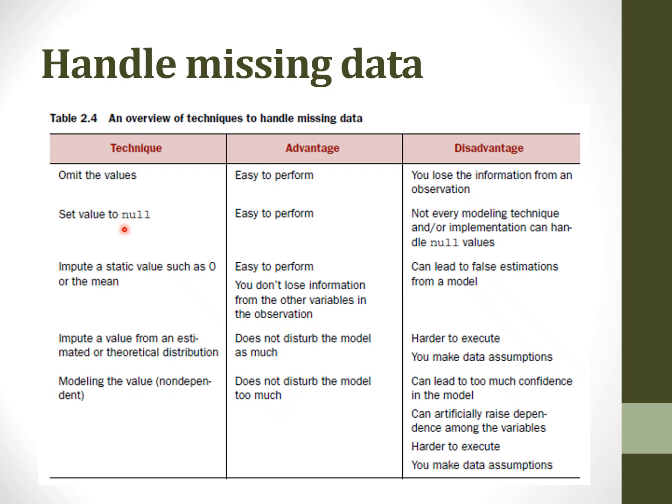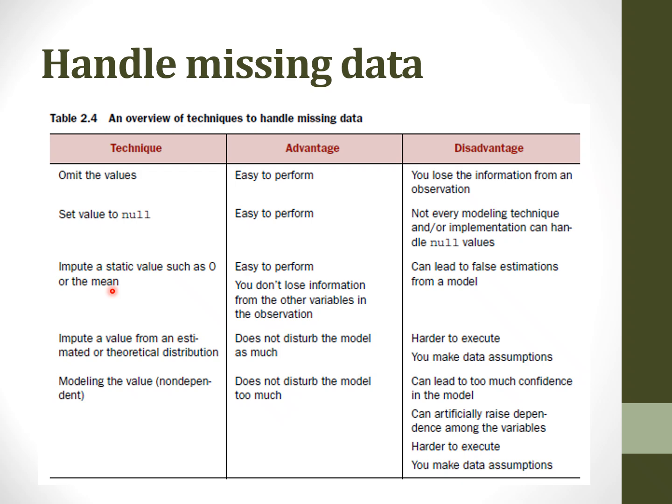The second technique is setting the value to null. This is also very easy to perform, but the implementation has to deal with some null values. Maybe if we are sending this data to any ML or DL based technique, it finds it difficult to deal with these null values. So that can be the disadvantage.